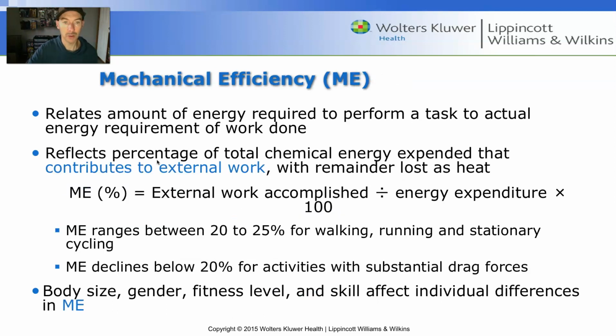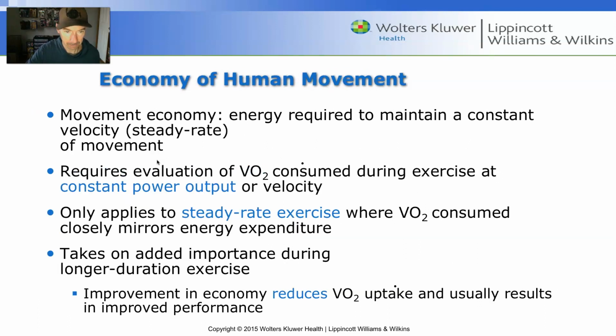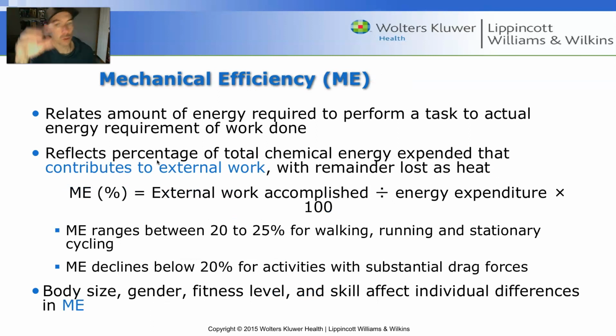Now, before we jump into the efficiency and economy piece of it, I want to remind you of something that I mentioned probably several lectures ago, and that is that in general, the human body is a very inefficient machine.